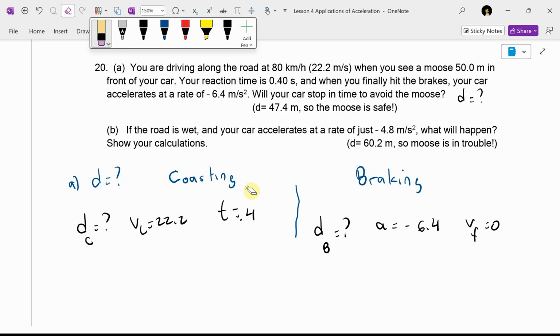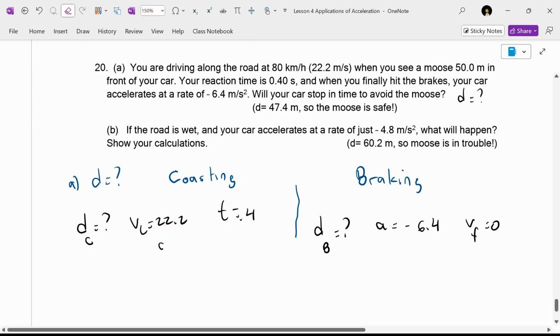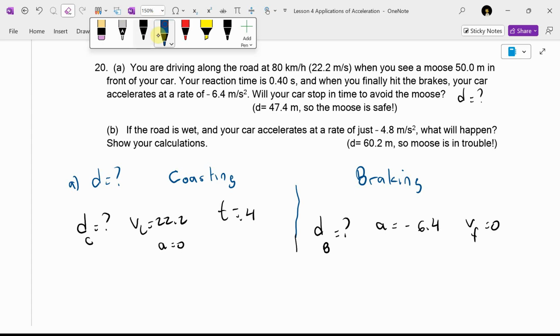Before I hit the brakes, while I'm coasting, I'm neither speeding up nor slowing down. I'm going at a constant velocity. If that's the case, what's my acceleration exactly as a number? So I need to realize that on this side, A is 0. Now I can find an equation that's got a D, a VI, a T, and an A in it. It's this one.